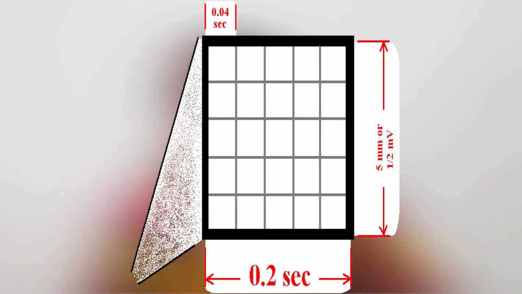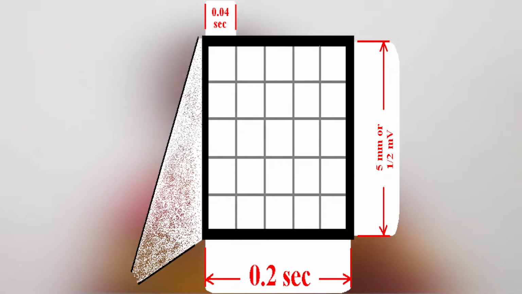These leads are divided into two groups: 6 extremity, that is 6 limb leads, and 6 chest precordial leads. The extremity leads record potentials transmitted onto the frontal plane, and the chest leads record the potentials transmitted onto the horizontal plane.